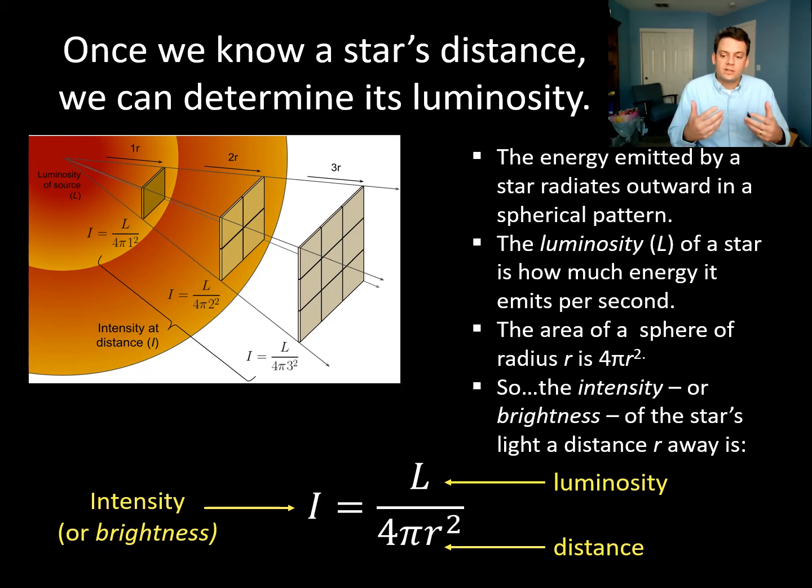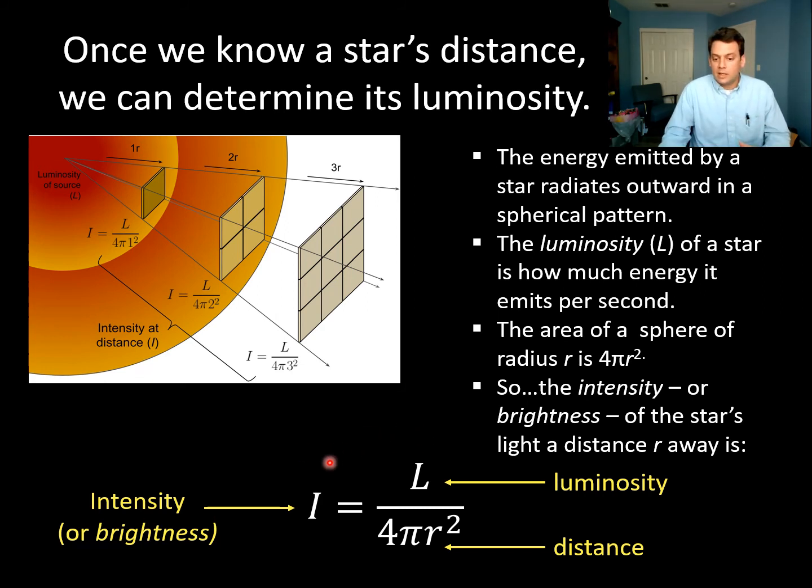It's a measure of how much energy you have per square centimeter or per square meter per second coming to you from a star. And the relationship between the intensity, the luminosity, and the distance is captured in this equation, which you've seen before, but it's been a little while, so we'll throw it back up here.